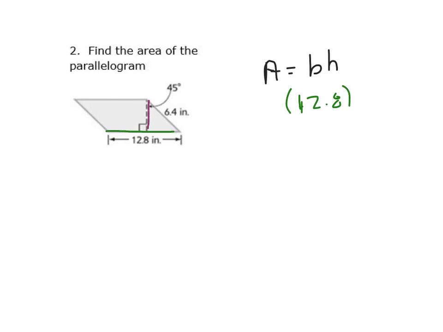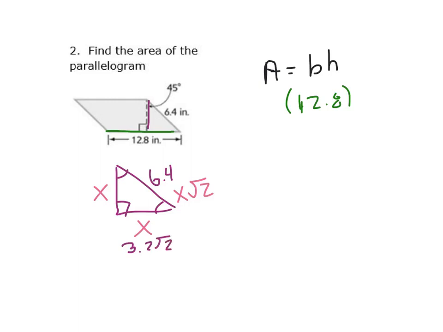So here we know it's a 45-45 special right triangle, which means if the hypotenuse is 6.4, that's represented by x square root of 2, where the sides are both represented by x. And here the shortcut would be to divide by 2 and multiply by the square root of 2. So we get our side is going to be 3.2 square root of 2.